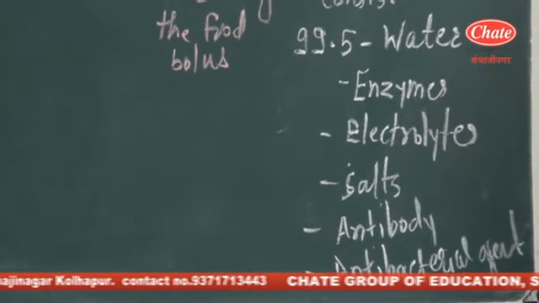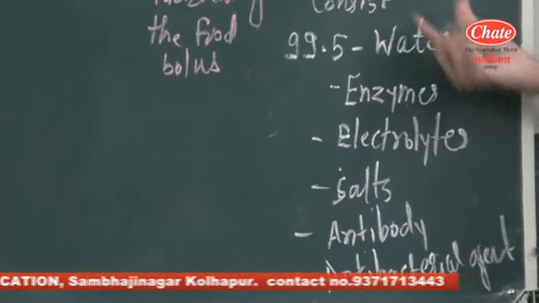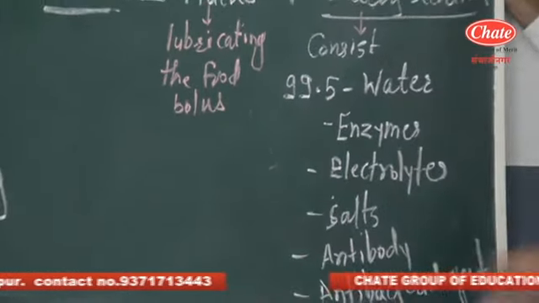So these are the components present in the watery secretion. Make the chart of the different components like this.